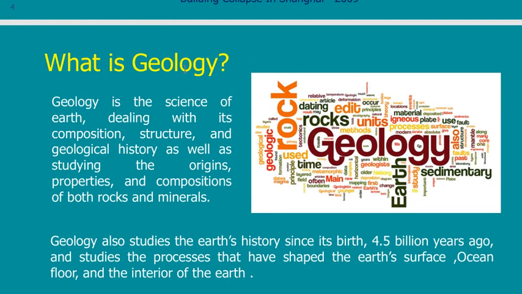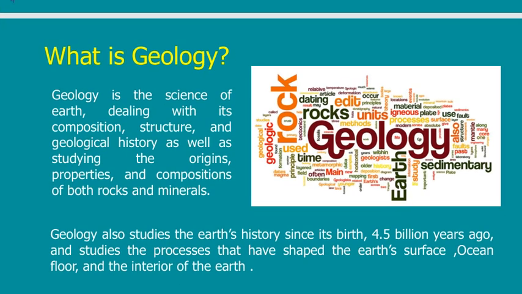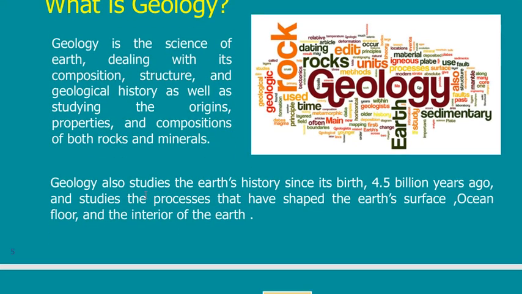What is geology? The definition of geology, of course, it is very important. The geology is the science of earth. It gives you all the information about the earth. By the way, the age of the earth is about 4.5 billion years. So geologists concentrate on millions of years, but for us, we don't care a lot about the history of the earth.